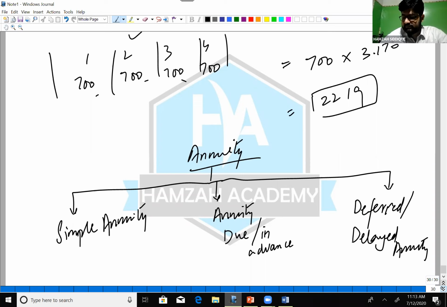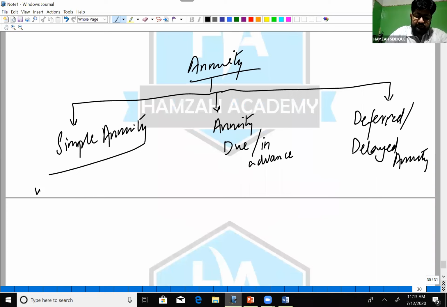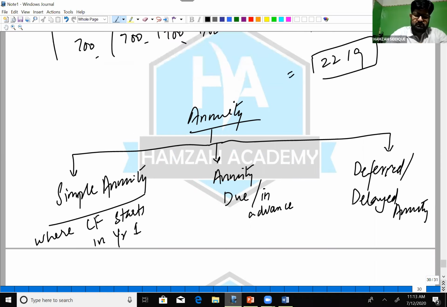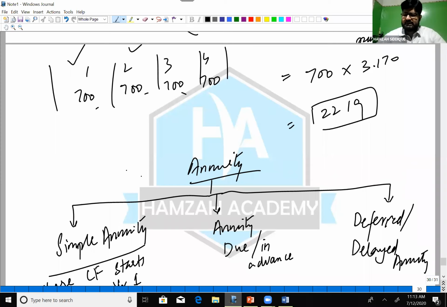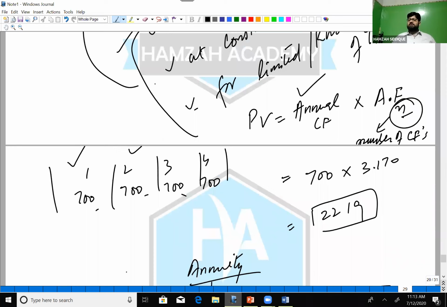So one by one. Simple annuity is where cash flow starts in year one, just like we solved. And we have learned how to calculate its present value: annual cash flow cross annuity factor.